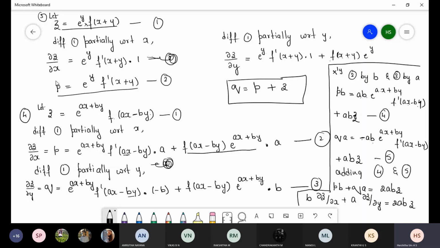After doing the multiplication, we have to add equation 4 and 5. In that, ab e power ax plus by into f of ax minus by will get cancelled. Remaining will be PB plus QA is equal to 2 times abz.